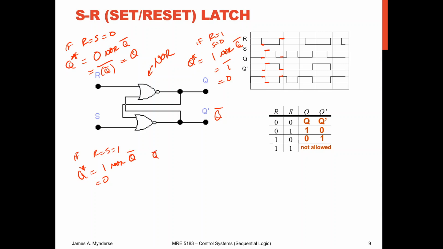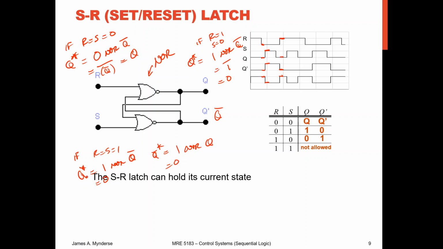And not Q star is going to be 1 NORed with Q, which is going to be 0. So in this case, you can see that they're not opposites anymore. They should have been opposites, but they're not. And so we're not going to allow that case at all. We're just going to say that R and S should never both be 1.